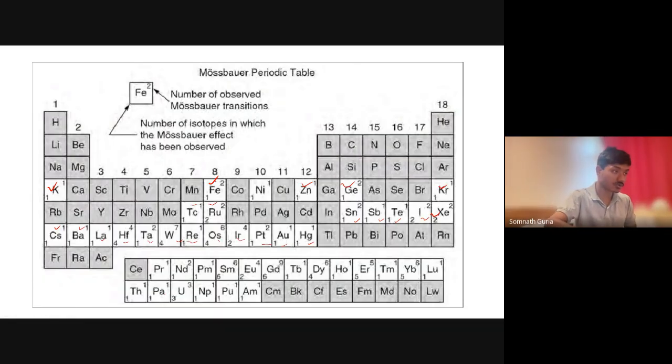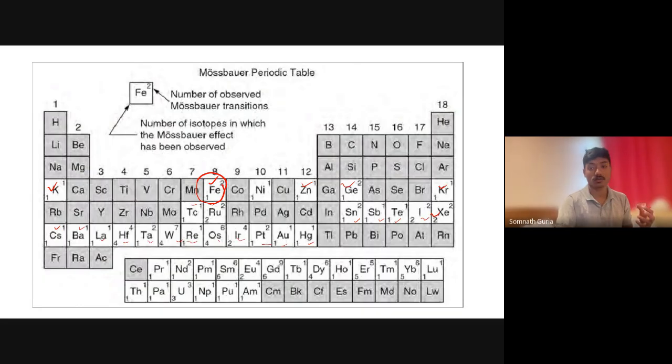Majorly we are focusing on iron because it is very well established chemistry of iron in biology. We know that our hemoglobin, myoglobin, and lots of enzymes are made of iron, and to detect their redox property and geometrical property, Mossbauer spectroscopy can be used.